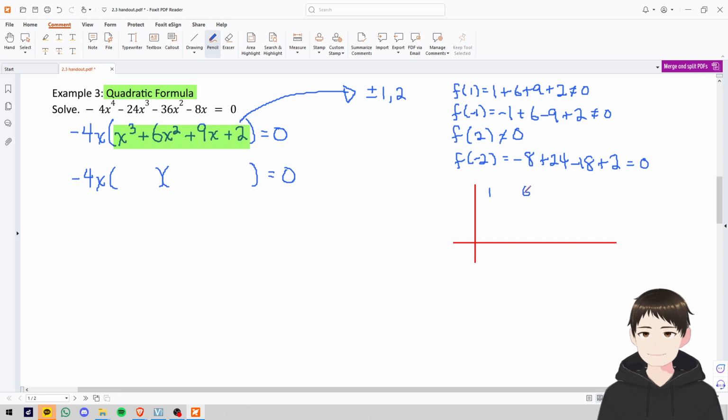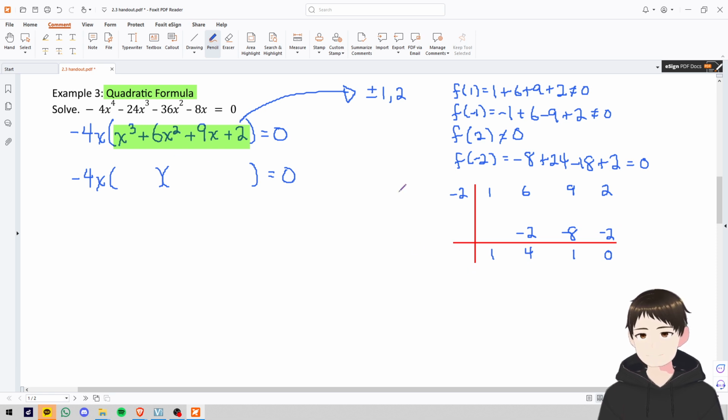1, 6, 9, 2 for the function. My root is negative 2. Drop down, negative 2. Add, multiply, 0. Great.